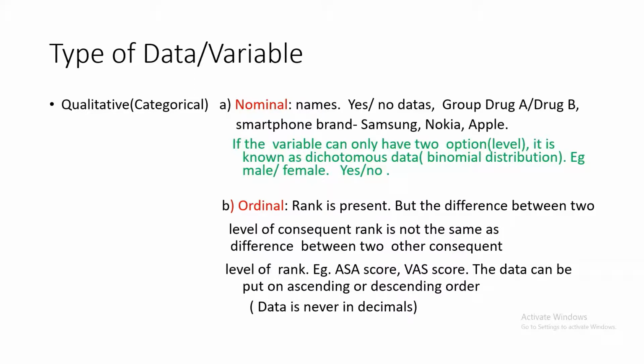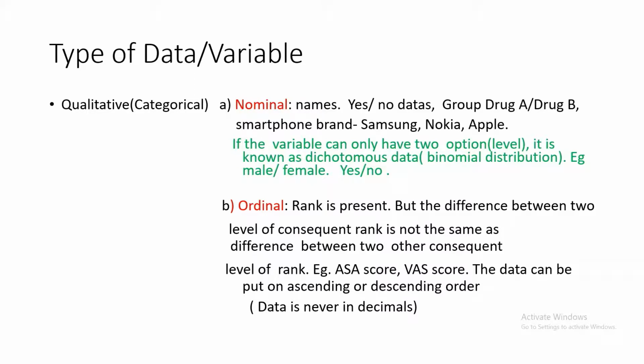But when we take ordinal data like pain score, which is also known as a VAS score, the difference between the scores of 10 and 8 is not the same as the difference between the scores of 2 and 0.